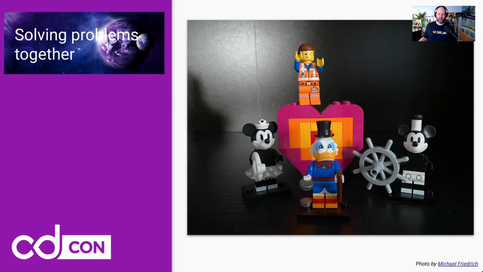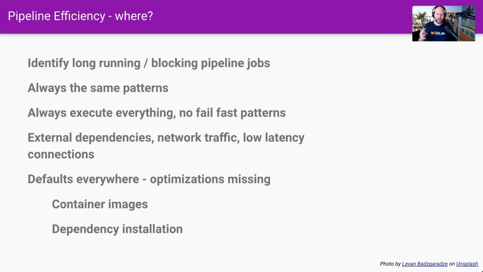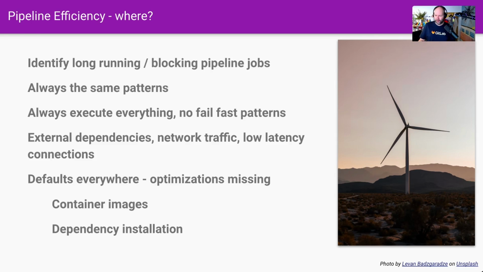Now, when we try to solve all these problems using the knowledge we have about OpenTelemetry and tracing, how do we merge that with pipeline efficiency? Like, how can we identify long-running or blocking pipeline jobs? This can be mapped into a trace and spans, because sometimes we have the same patterns. Sometimes they are not.